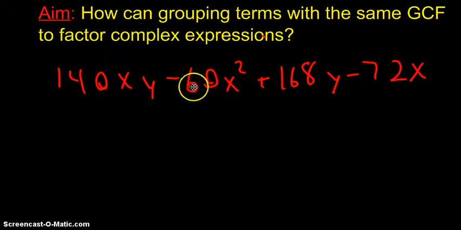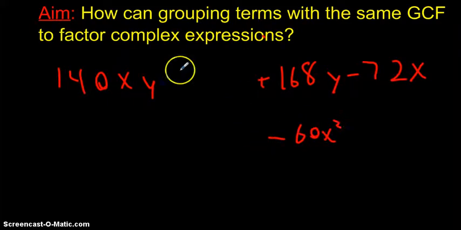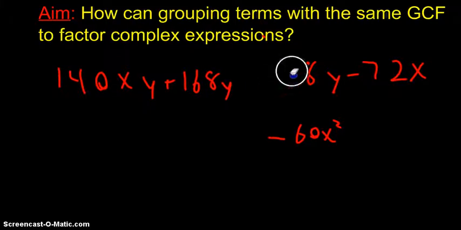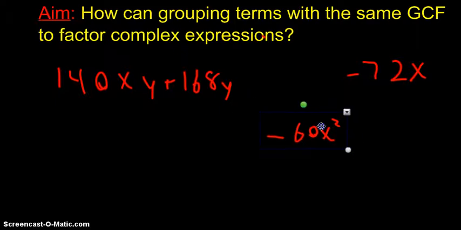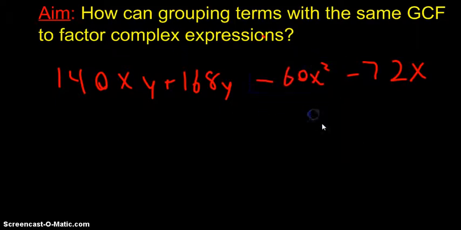So let's switch. Can I grab that piece? No, I can't. Negative 60x squared. Okay, move that over again. And I'm going to move the 168y over here, just to see if it will work. Doesn't mean it will. Sometimes you can tell where the better terms are.